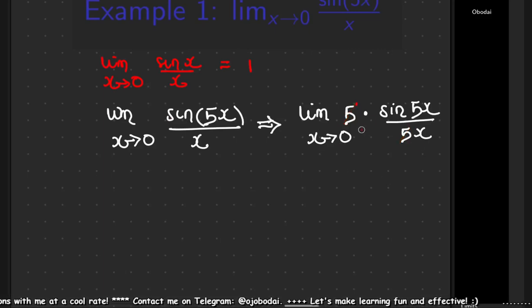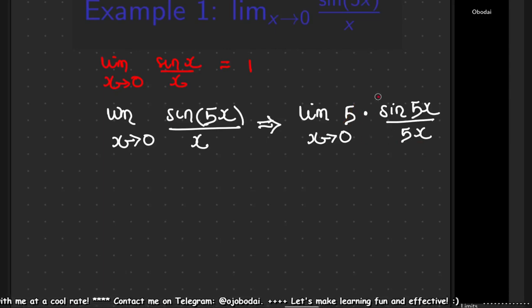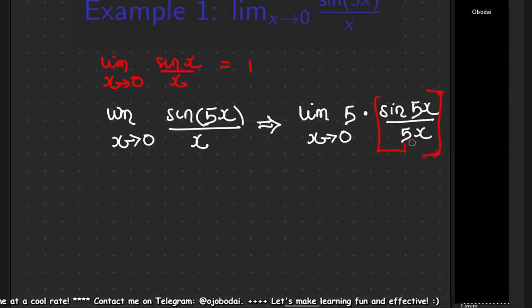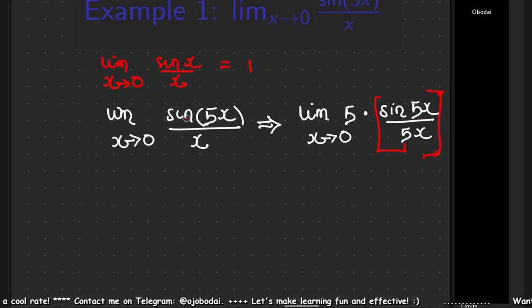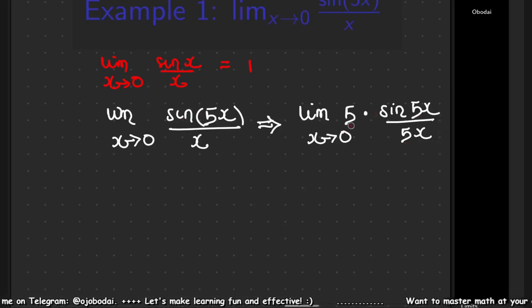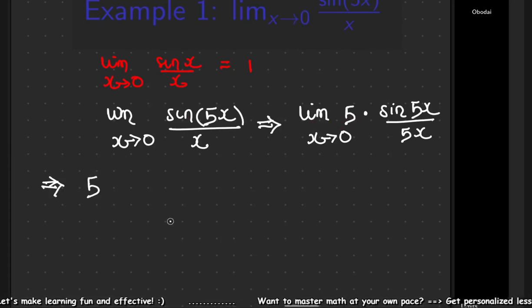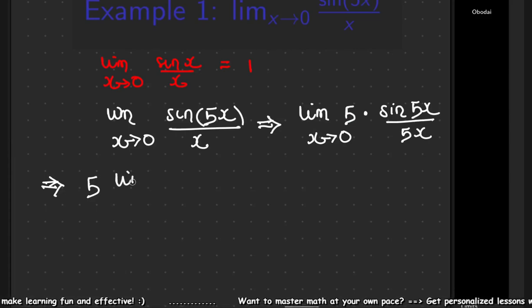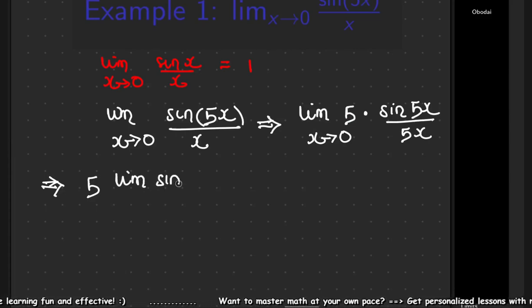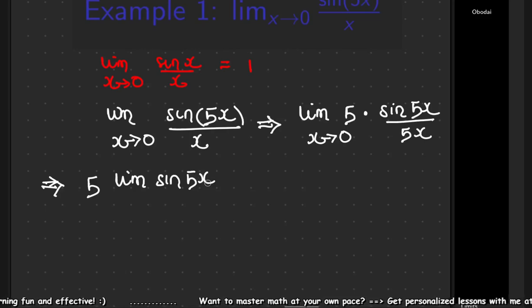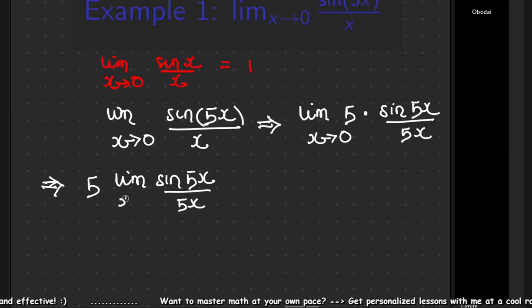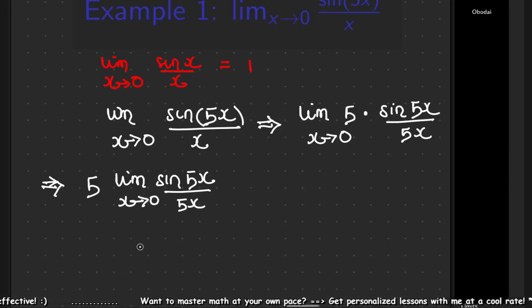So now that we have that, it appears this alone looks like this function we have over here. Hence, we can bring this 5 out because it's a limit of a constant. So we are going to get 5 multiplying the limit of sine 5x over 5x as x approaches 0.